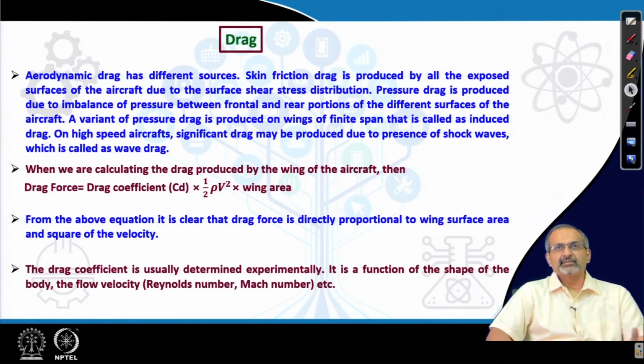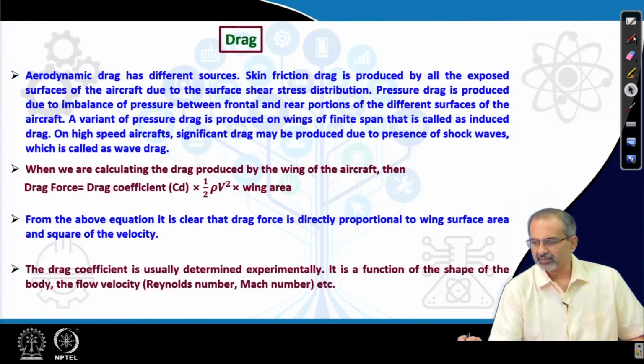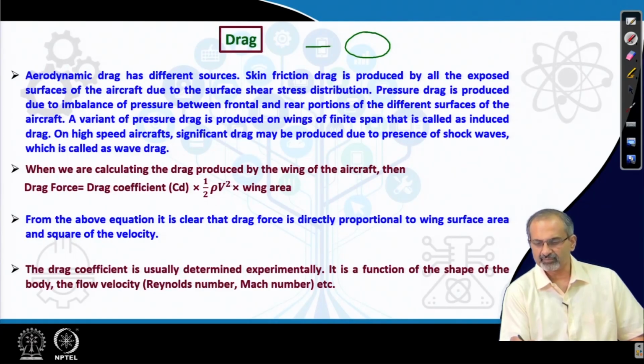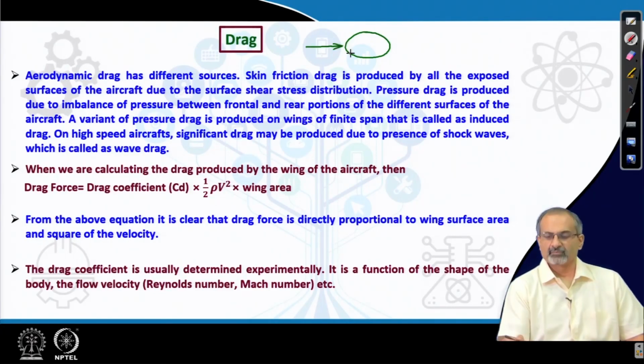Pressure drag is produced due to imbalance of pressure between frontal and rear portions of the different surfaces of the aircraft. Let me give an example to show you. For example, if you have a body like this and it is facing a flow which is impinging on it, and this happens to be an axis of symmetry of the body.